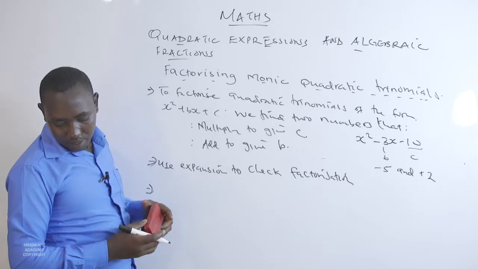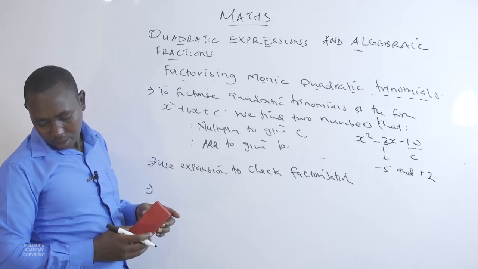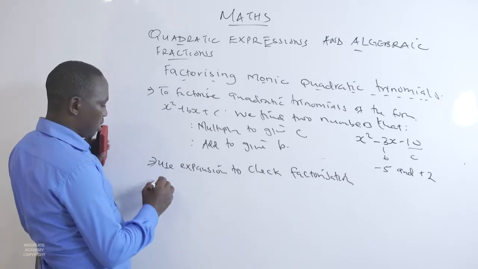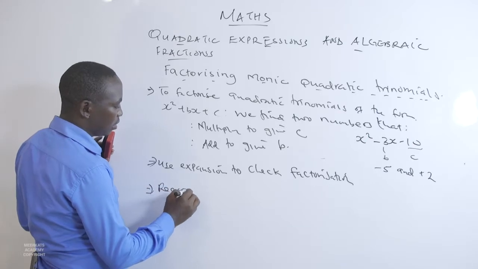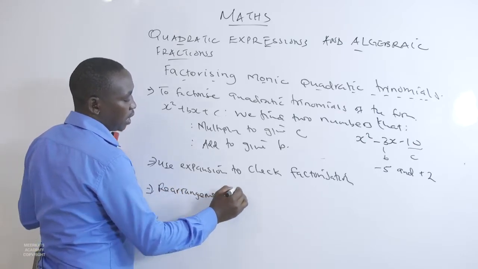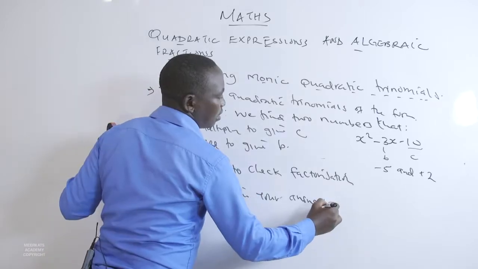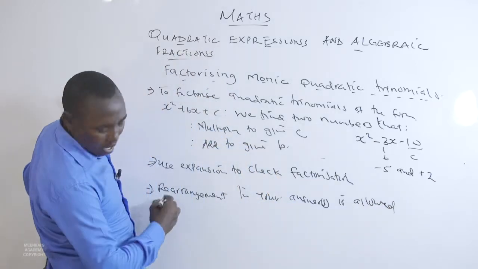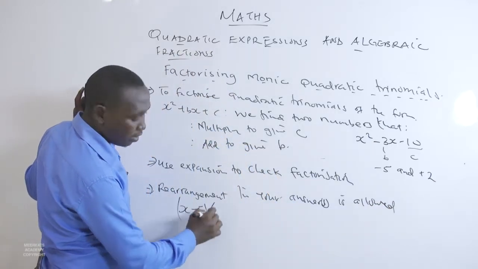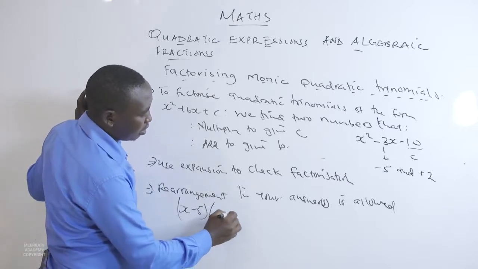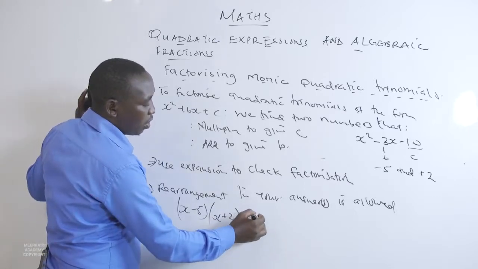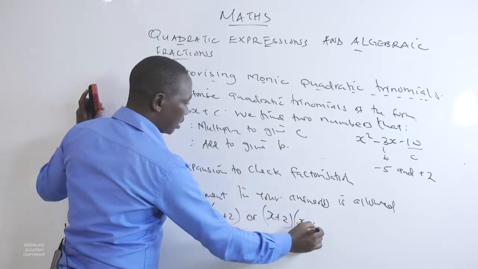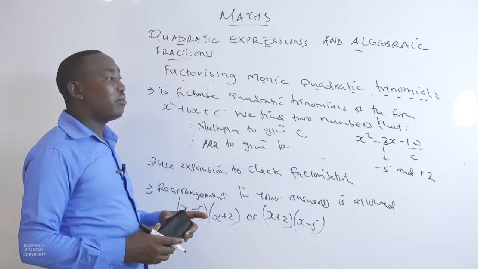And then lastly, rearrangements in your answer are allowed, so that if you had x minus 5, x plus 2, or you begin with either x plus 2, x minus 5, it's going to be allowed.